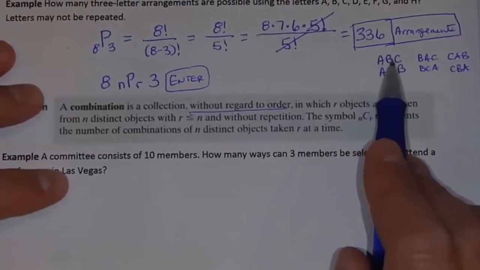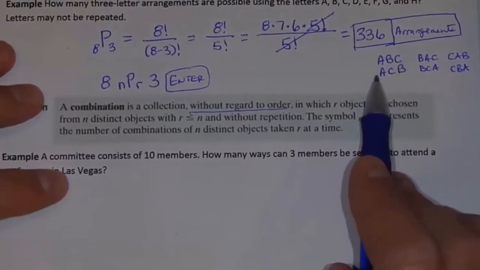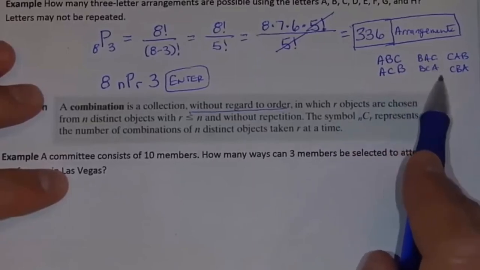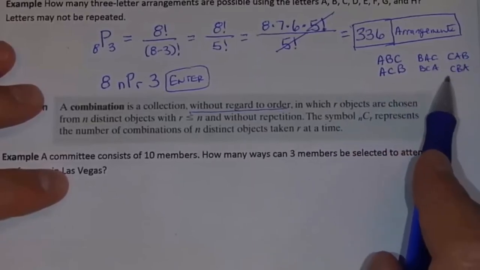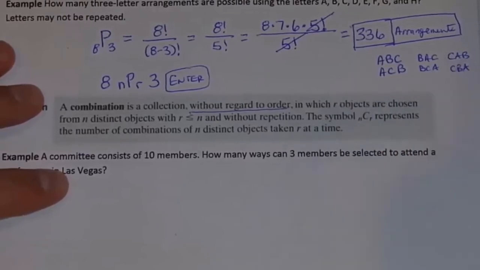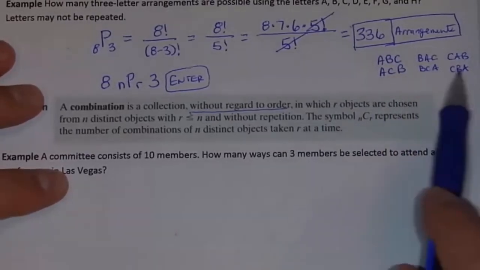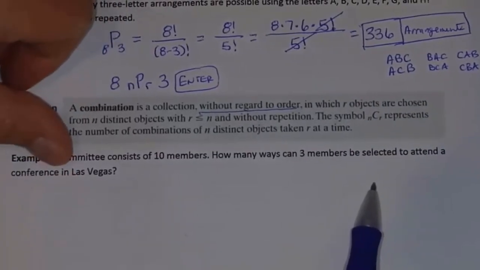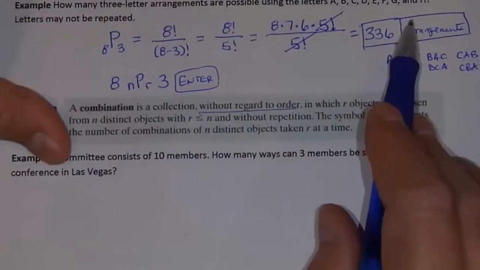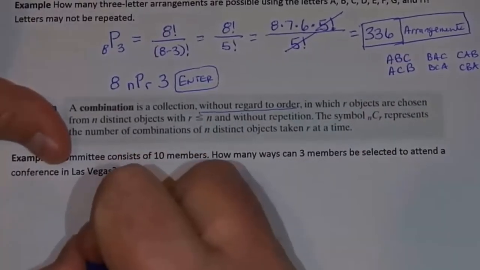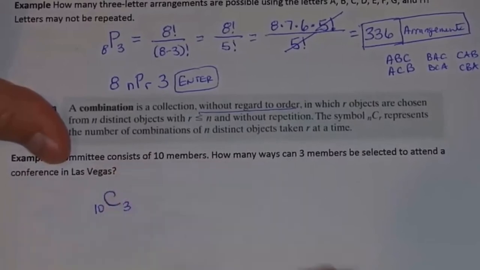If it's Andy, Bill, and Clint, or Andy, Clint, and Bill, or Bill, Andy, and Clint, or Bill, Clint, and Andy, or Clint, Andy, and Bill, or Clint, Bill, and Andy, all 6 of those outcomes are the same outcome. Those would be the 3 people going to Vegas. So this problem is different from the previous problem. This would be a combination instead of a permutation of 10, choosing 3.